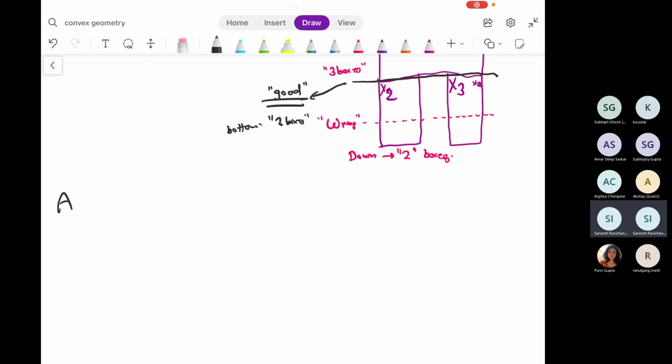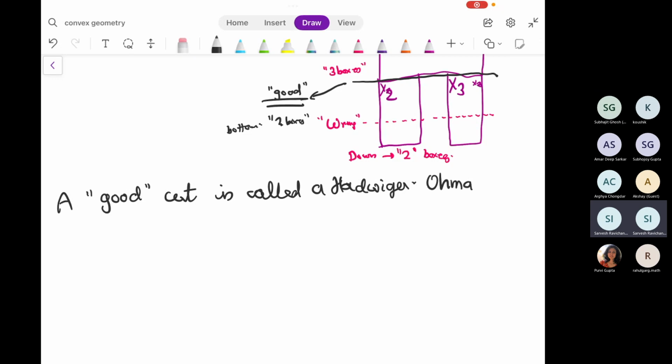So a good cut is called a Hadwiger Ohmann cut. This bit of intuition by these two mathematicians was basically the reason why one could generalize the Brunn Minkowski inequality to sets other than convex sets. This was the main bit of insight, and this is what allowed induction in some sense.